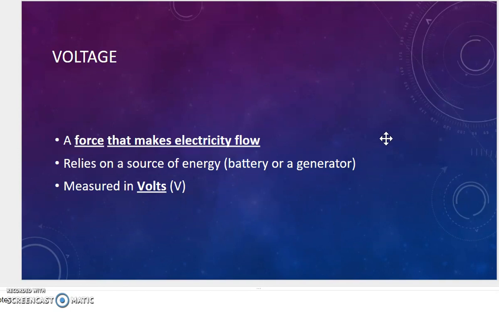So in the circuits we're going to be putting together, it is a battery. It could also be a generator. But you have some kind of source of energy or power to get those electrons flowing. And it is measured in volts, and that is with a capital V when it is used as a unit.